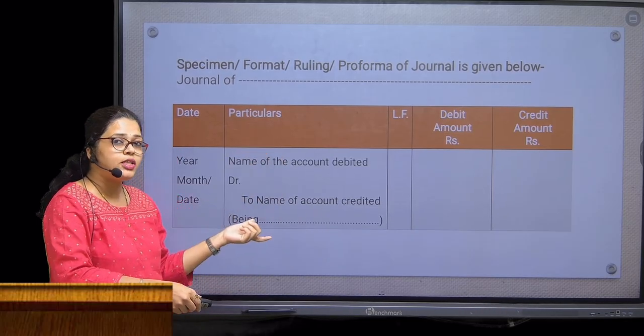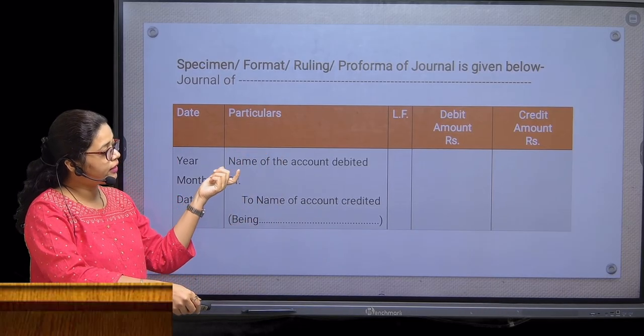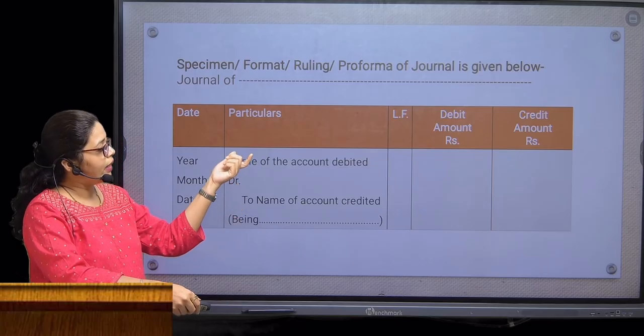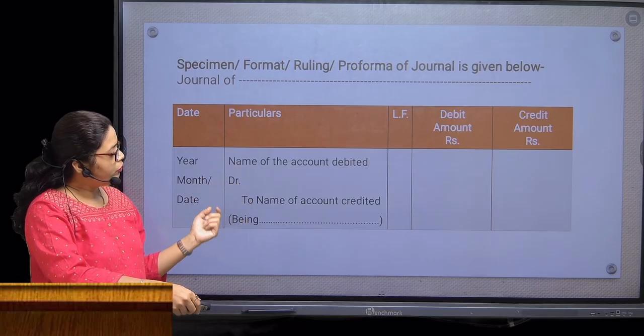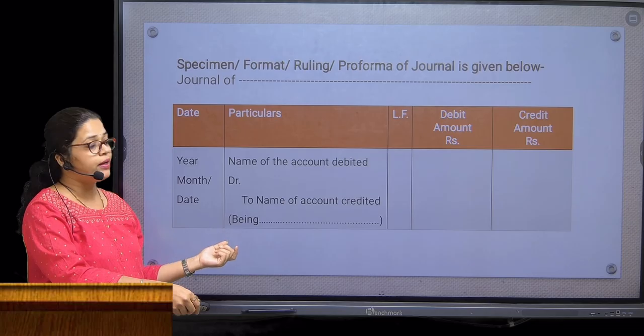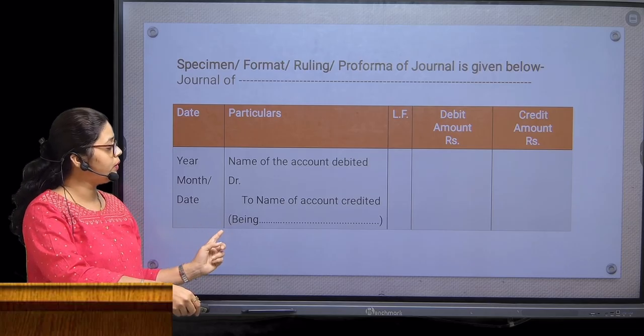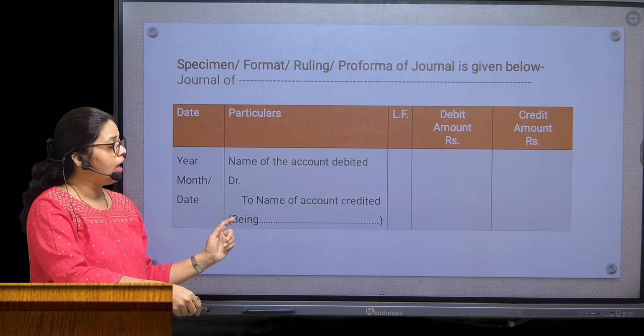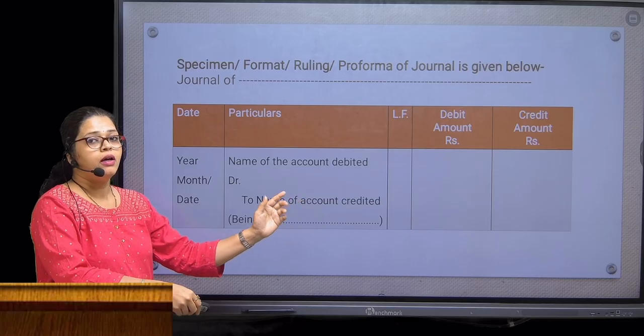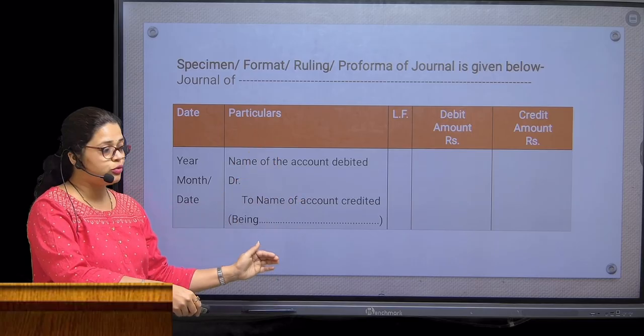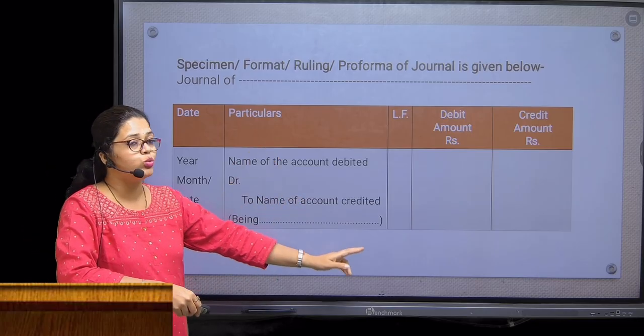Right after this entry, we write a brief explanation of that particular entry, that is narration. Here we open the bracket, start the narration with 'being', and after writing the explanation of that entry, we close the bracket.